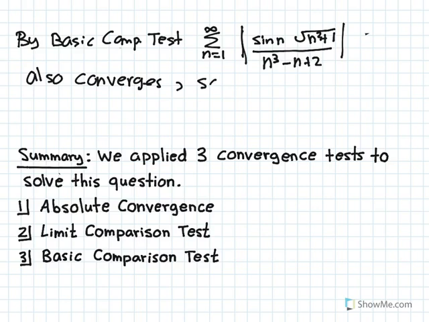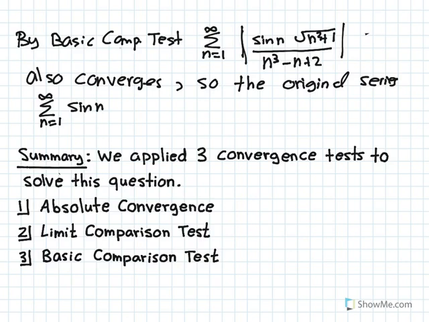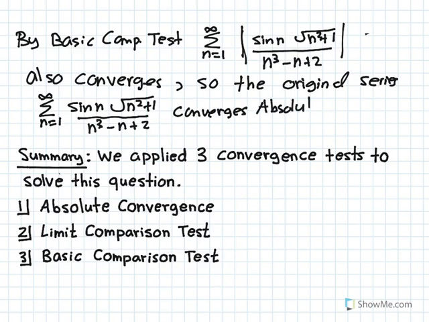So the original series, the summation n equals 1 to infinity of sine n times root of n squared plus 1 divided by n cubed minus n plus 2, converges absolutely. It is absolutely convergent, and is a convergent series, because if a series converges absolutely, it is convergent.